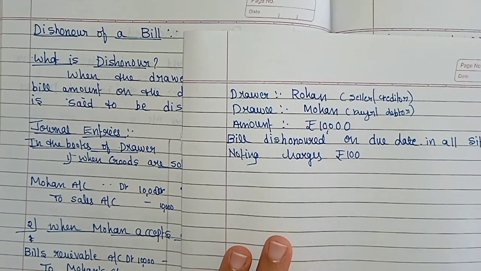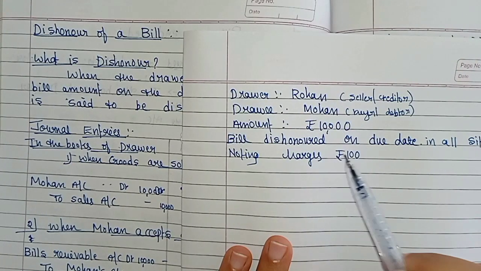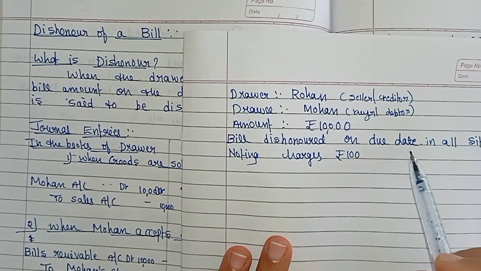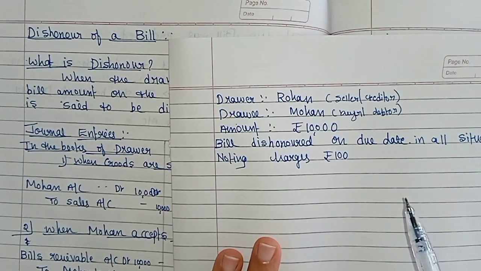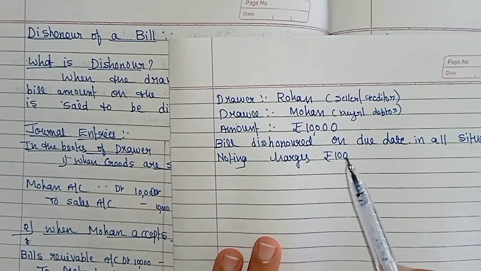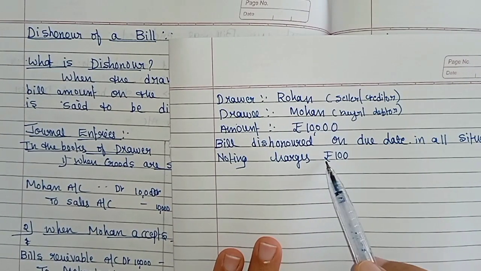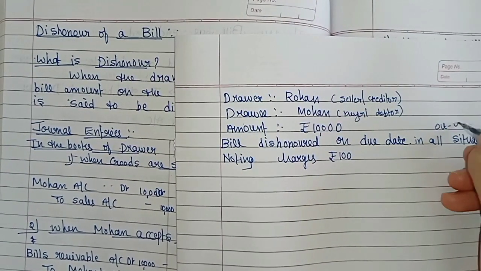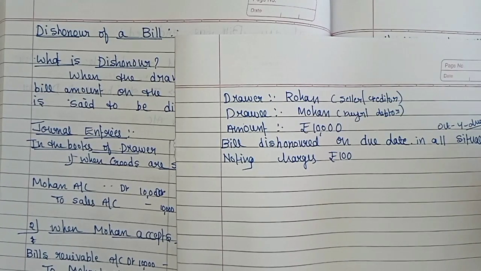after 3 months, on the due day, Mohan fails to pay the amount. The bill is dishonored on the due date. Let's say October 4 is our due date.